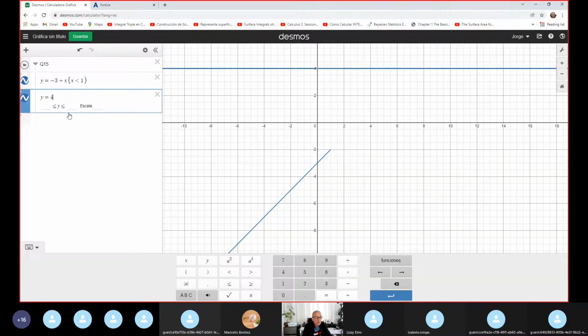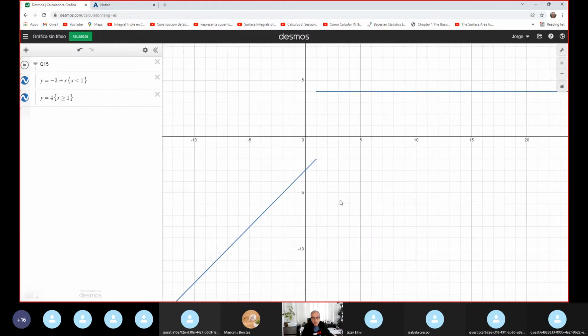However, I need to define the conditional. Again, curly bracket, and it says x greater than or equal to 1. Greater than or equal is easy in the Desmos keyboard.